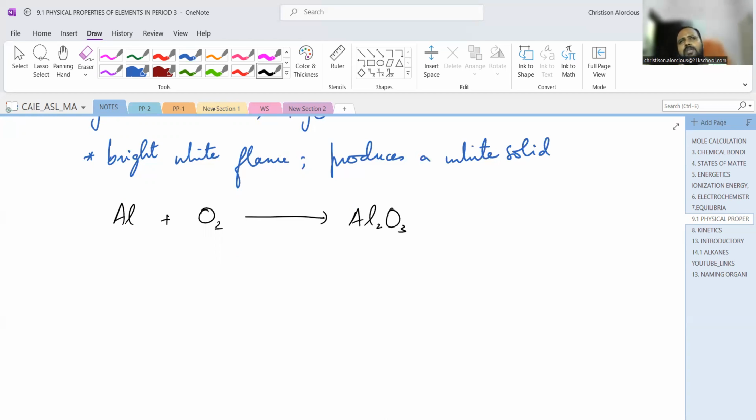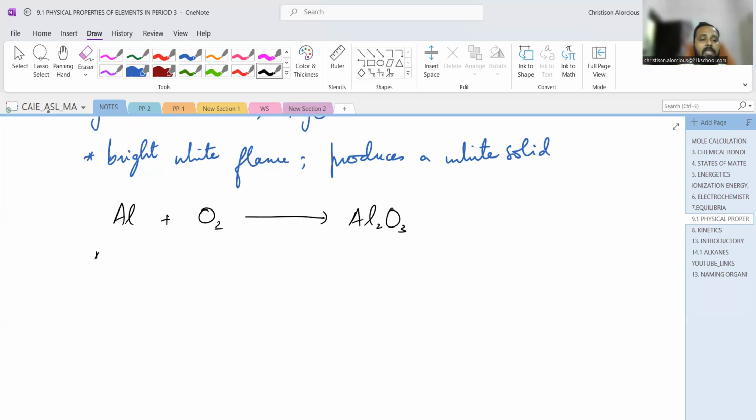This is covered under the properties of metals in IGCSE, so please do look it up. If you want the aluminium to react, you need freshly powdered aluminium, sprinkled in a Bunsen flame and heated in the presence of oxygen.